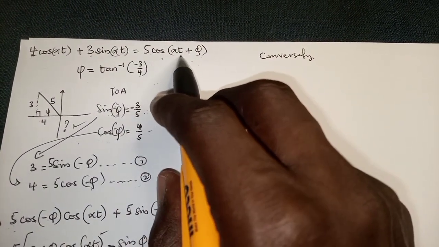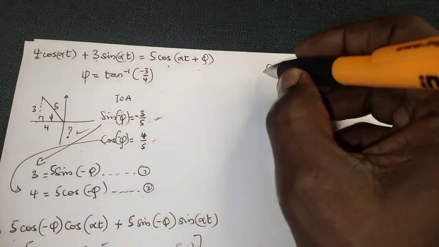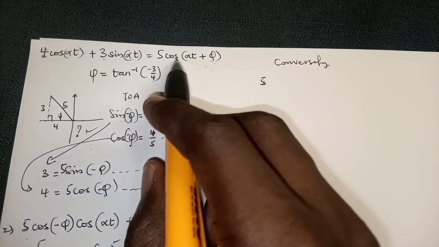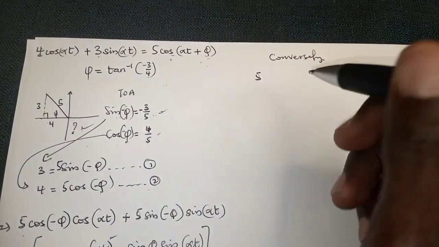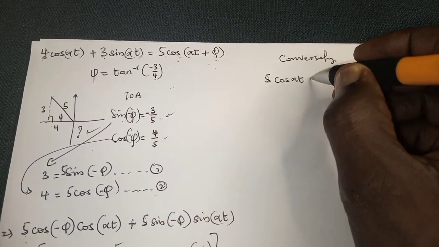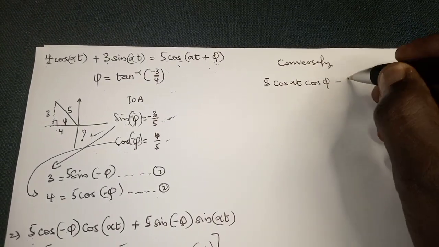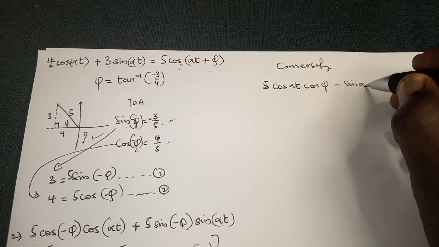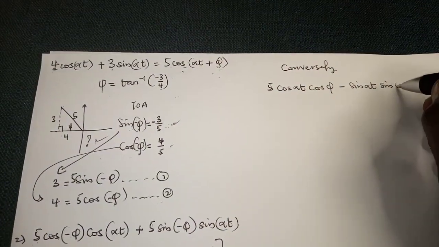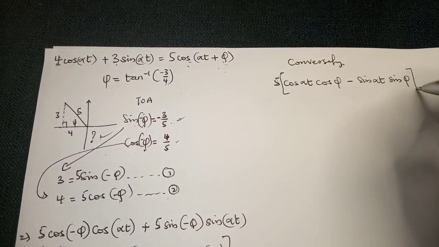Maintain the 5, then we expand by the identity: cos alpha t cos phi minus sine alpha t sine phi, all in brackets.